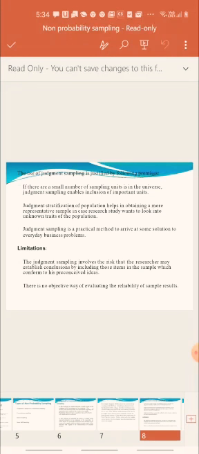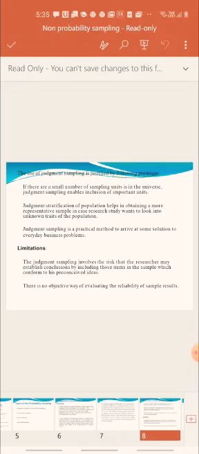Judgment sampling enables inclusion of important units. Judgment stratification of the population helps in obtaining a representative sample in case the research study wants to look into unknown traits of the population. It is also a practical method to arrive at some solution to everyday business problems.